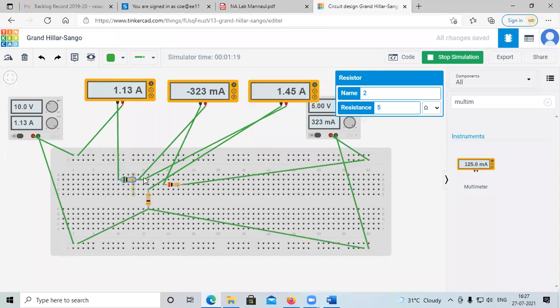The resistors are 3 ohm, 5 ohm and 2 ohm.